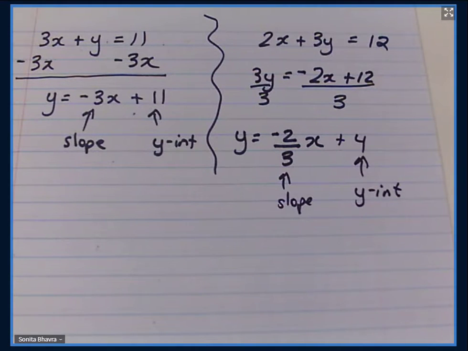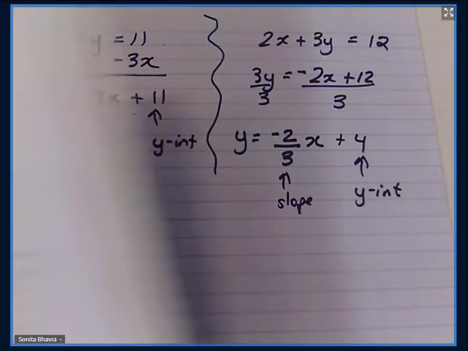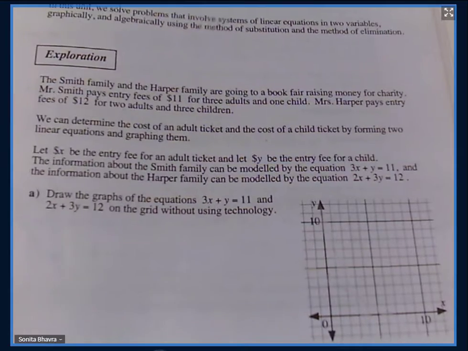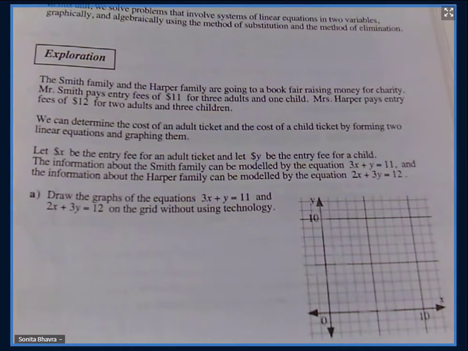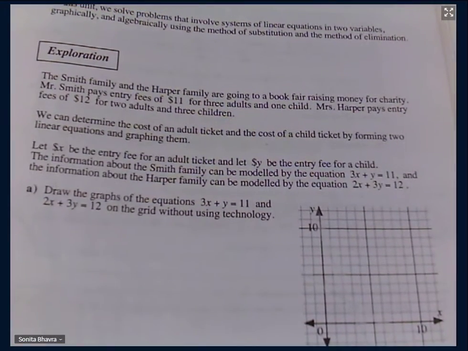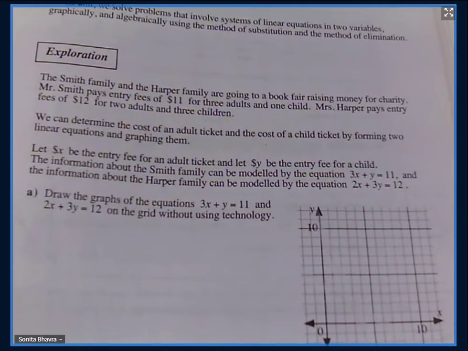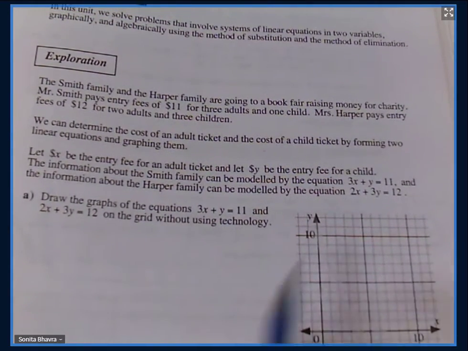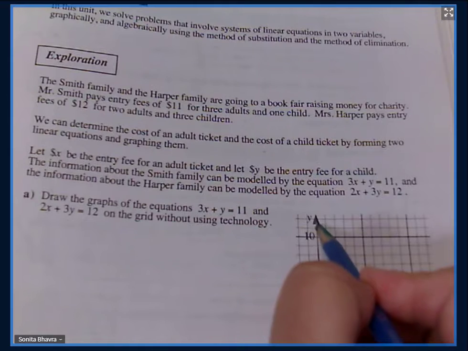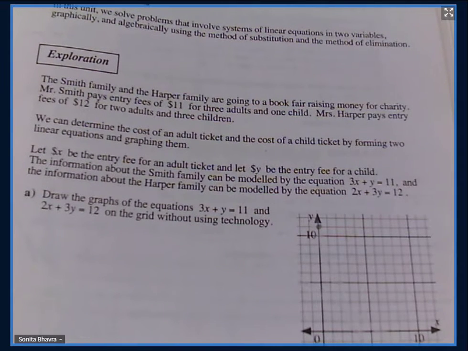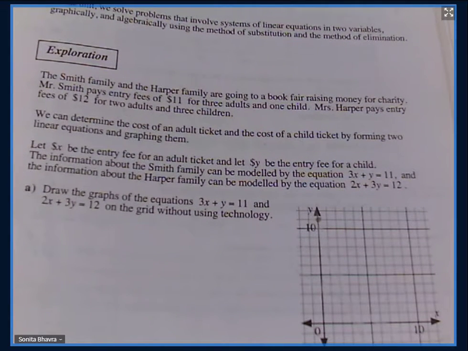So let's get our graphing paper and do quick sketches of both our lines. For my first line, my y-intercept was at positive 11. So right here is my y-intercept, and my slope was negative 3.